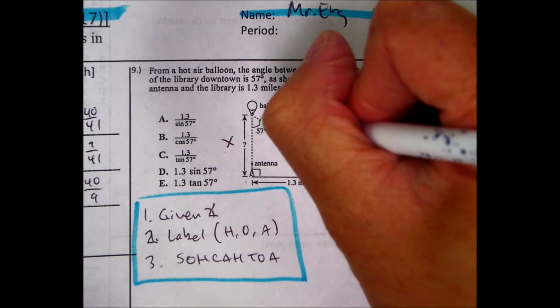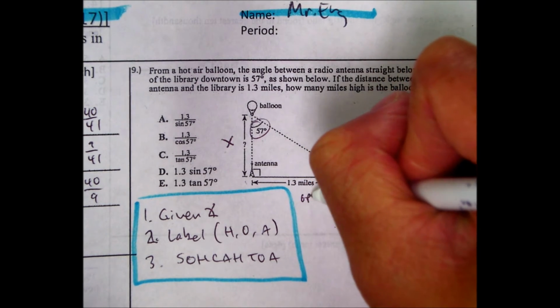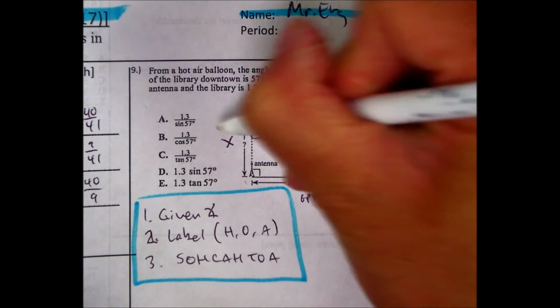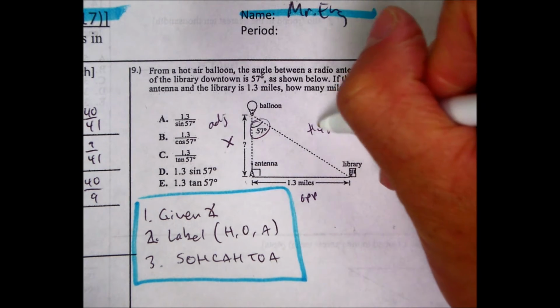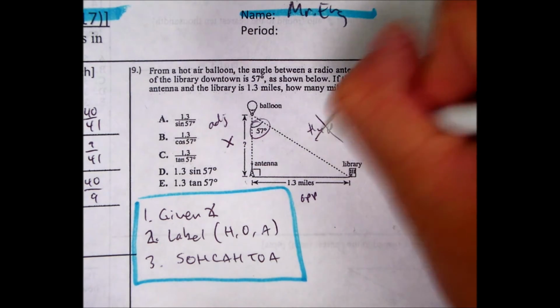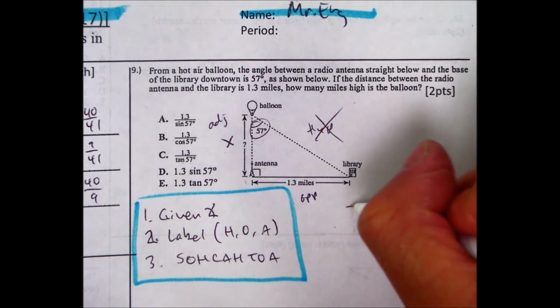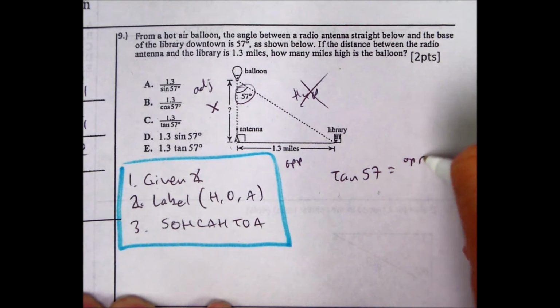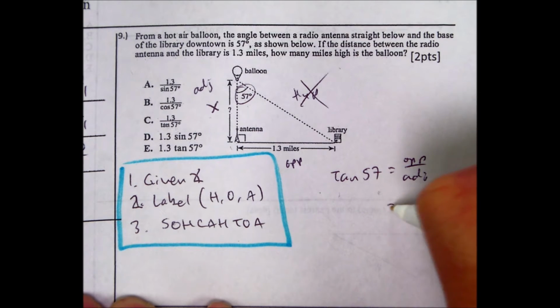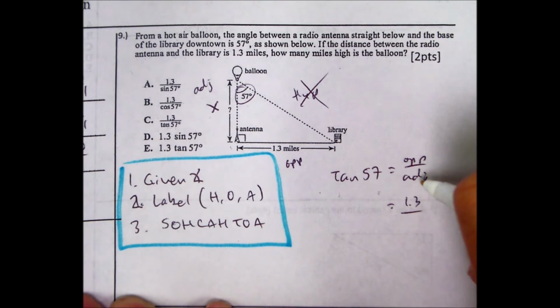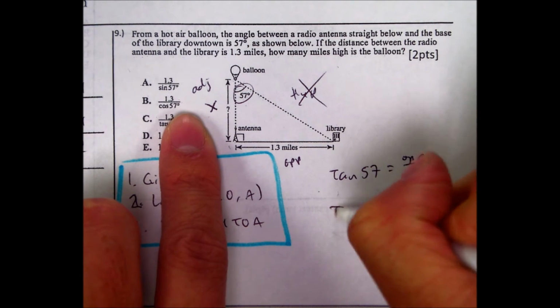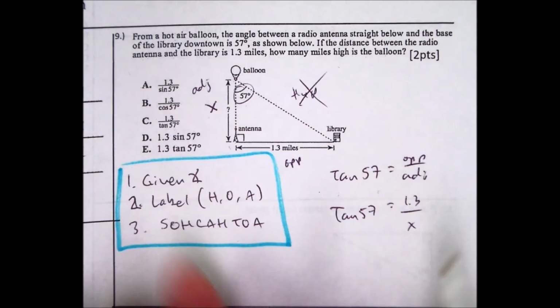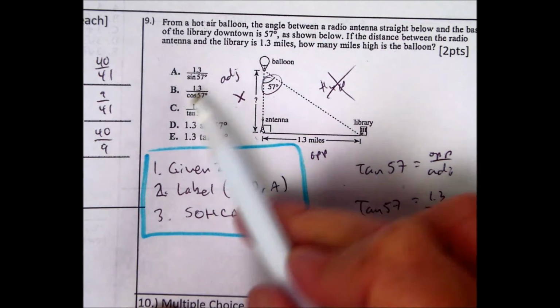Well, if this is my starting point, I have the opposite, hypotenuse, adjacent. I don't need the hypotenuse because there's nothing there. I have tangent of 57 equals the opposite over the adjacent. My opposite is 1.3, and the adjacent is X. So I have this equation here, but it doesn't match any of these.